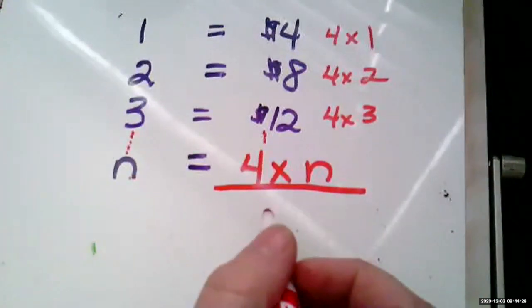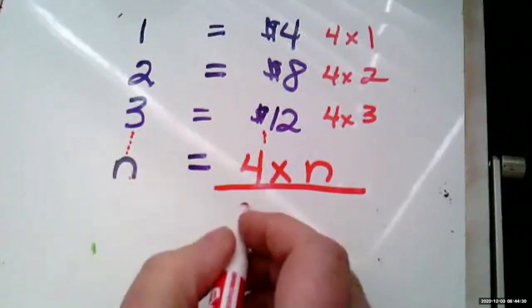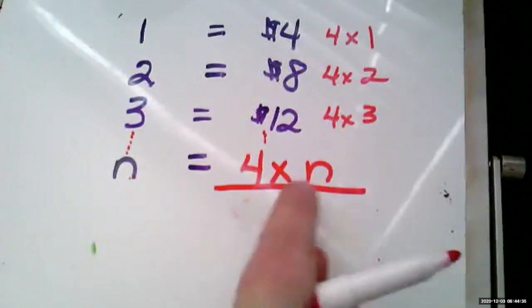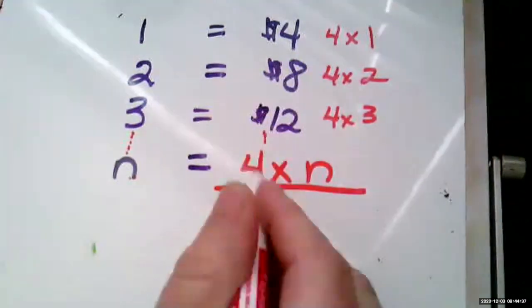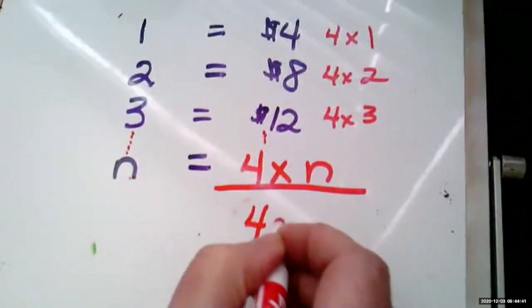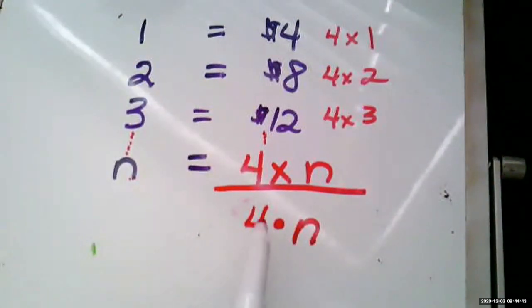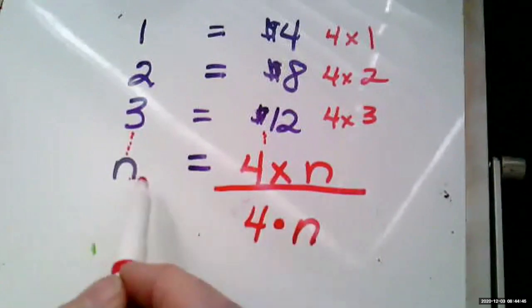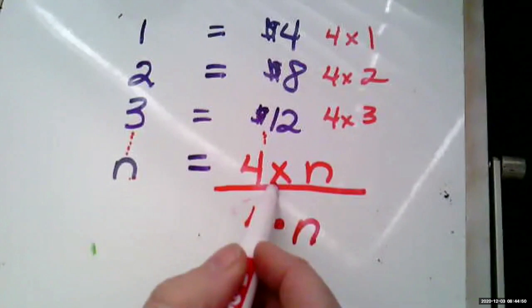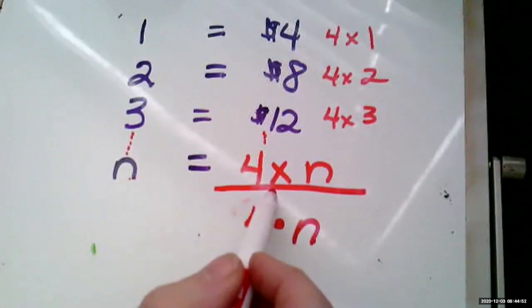And just to let you know, in pre-algebra here, there are 3 different ways to write a multiplication problem with a variable. Okay, there's 4 times n. There's 4 with a dot n, because once we start using variables and letters, sometimes people will mistake the x for a letter instead of a multiplication sign.